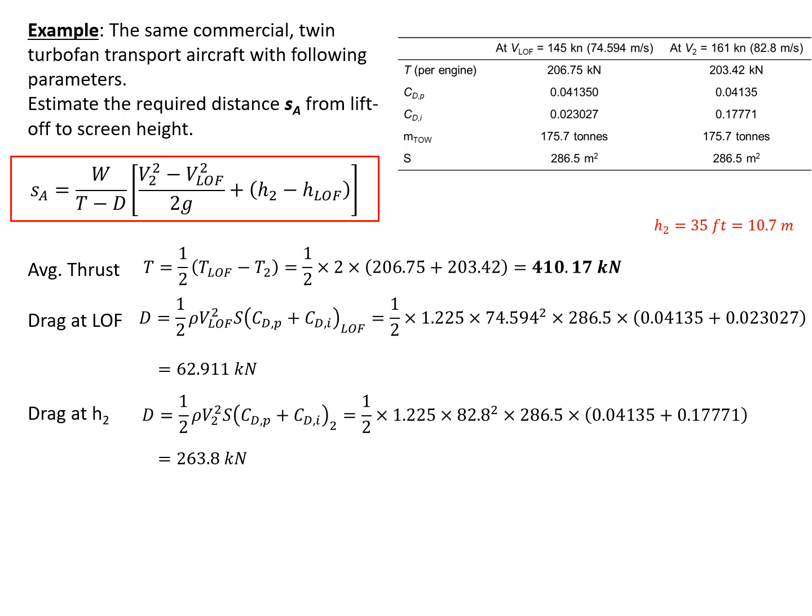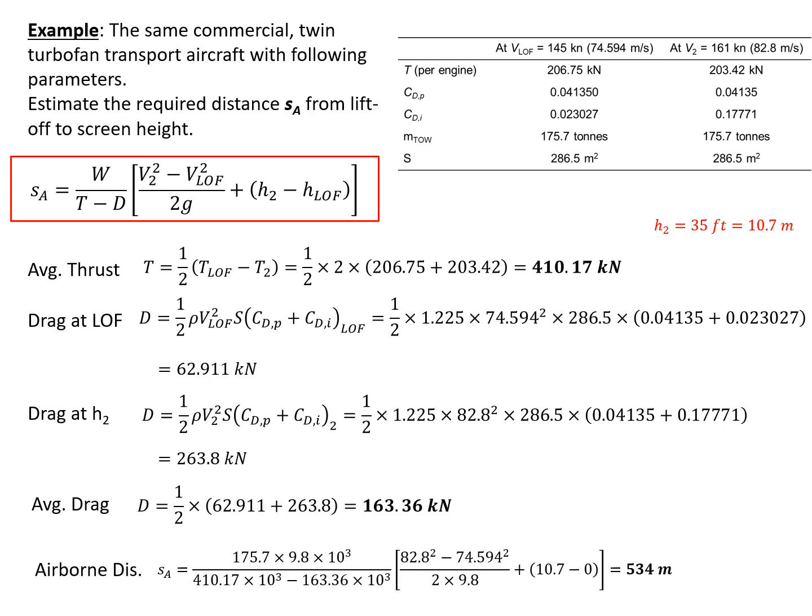So the drag at liftoff is 62.911 kilonewton, and the drag at screen height increased significantly. That's 263.8 kilonewton. And then we do the average as agreed before. So the average drag is 163.36 kilonewton. And finally, we can estimate the airborne distance as 534 meter.